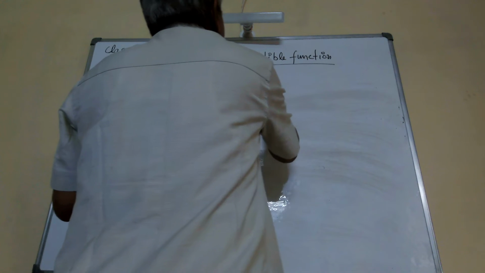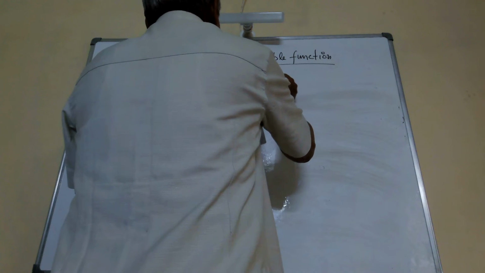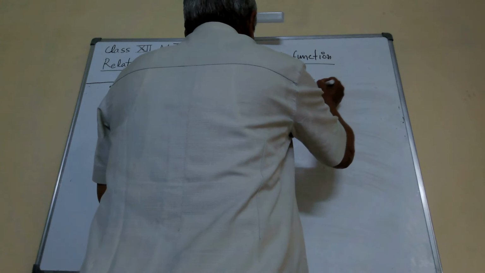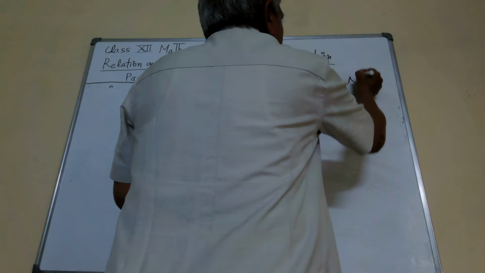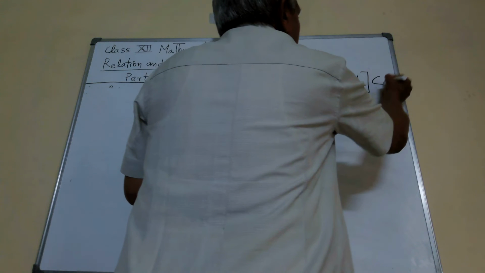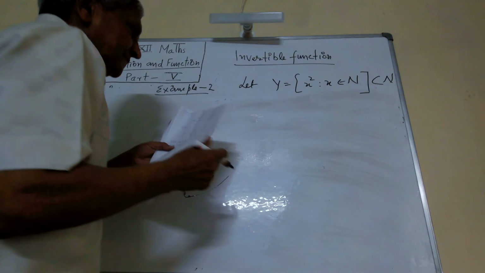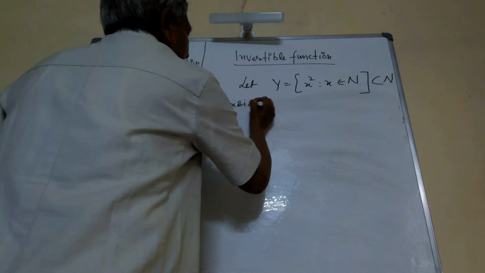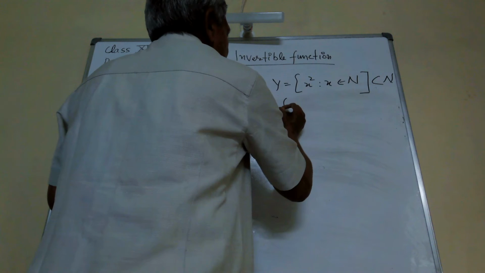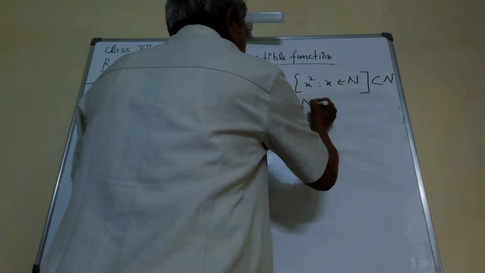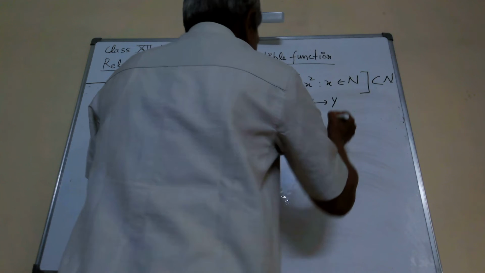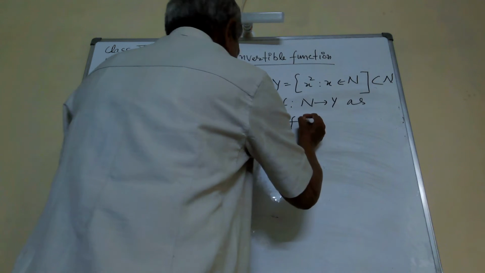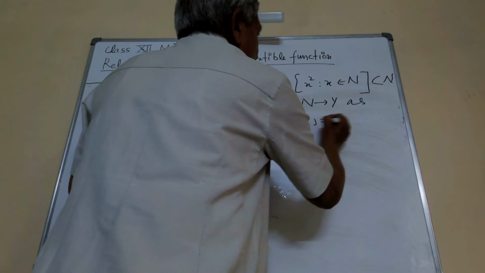Let y is equal to x square such that x belongs to N, contained in N. This is a function. Consider f such that N tends to Y, as condition f x is equal to x square.